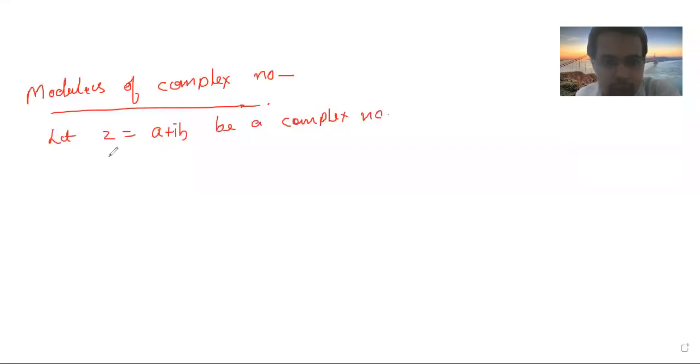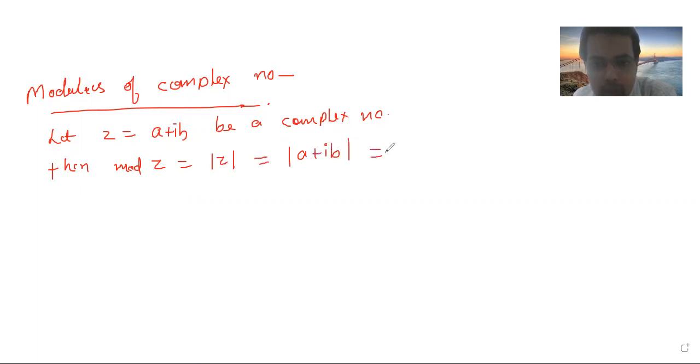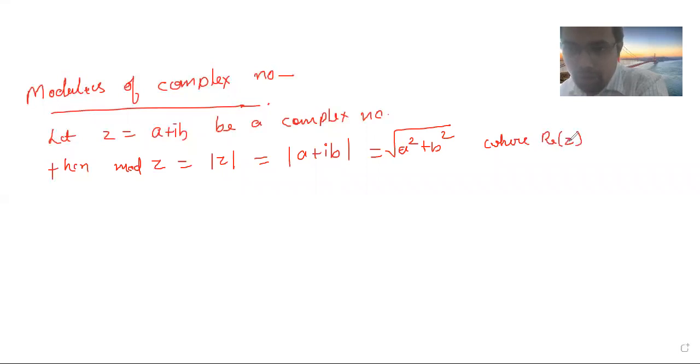If z is equal to a plus ib is a complex number, then the modulus of z, mod z, will be mod of a plus ib, and it is defined as root over a square plus b square, where a is the real part of z and b is the imaginary part of z.